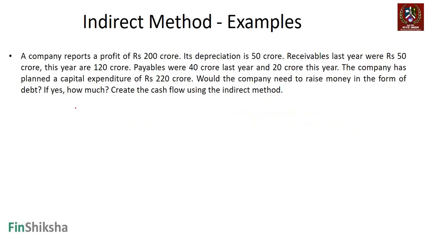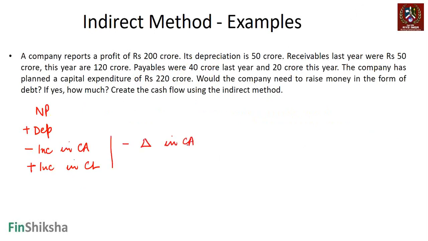When we are doing the cash flow using indirect method, remember we start with net profit, we add depreciation. Remember we had seen we remove an increase in any current assets, we add an increase in any current liabilities. In other words, we subtract a change in current assets, and add a change in current liabilities. This is the delta sign which I'm using for change.